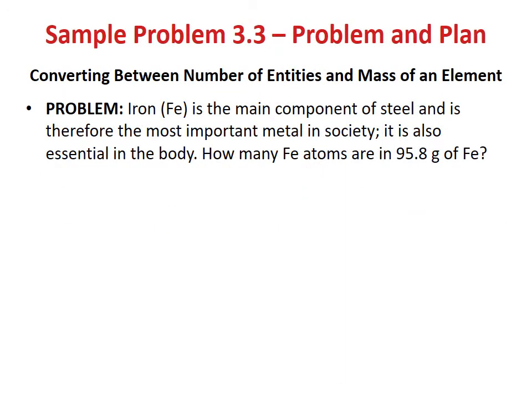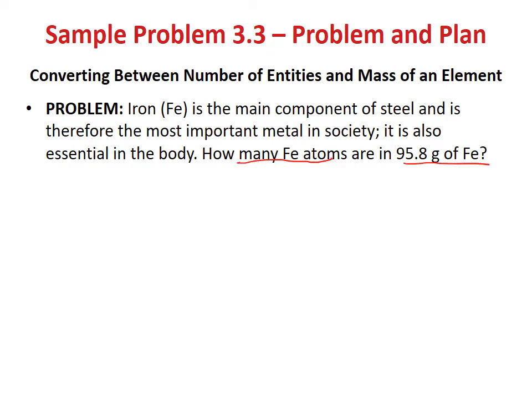Sample problem 3.3. Iron is the main component of steel and is therefore the most important metal in society. It is also essential in the body. How many iron atoms are in 95.8 grams of iron? So the given is grams of iron. The question is how many atoms.